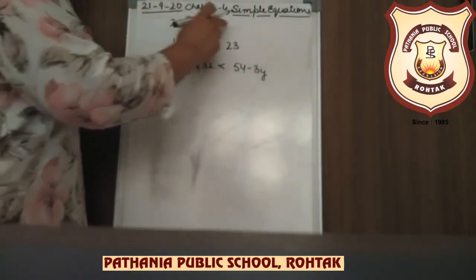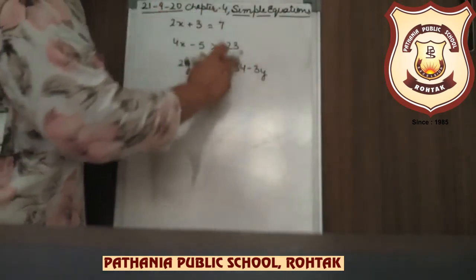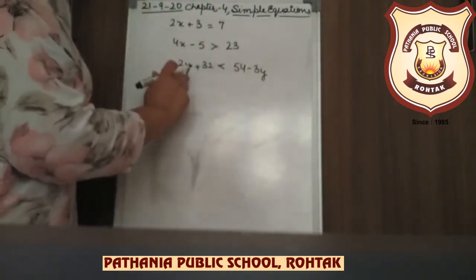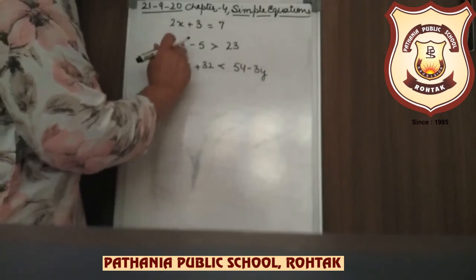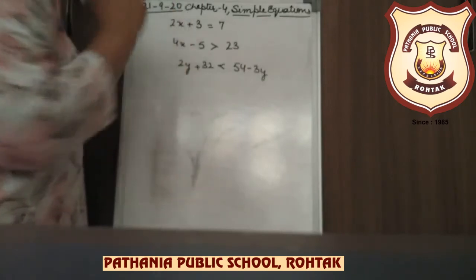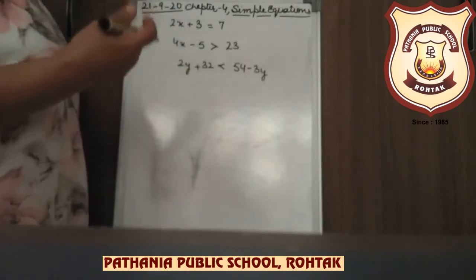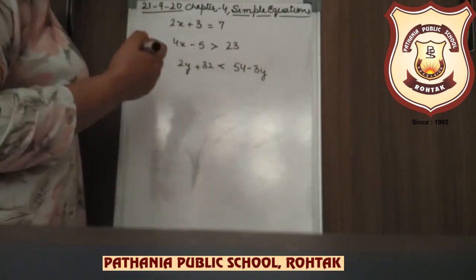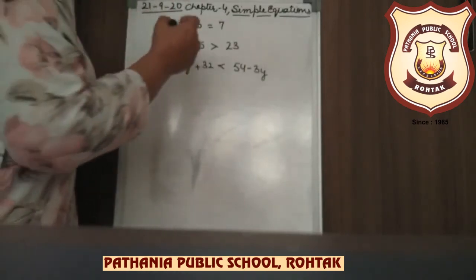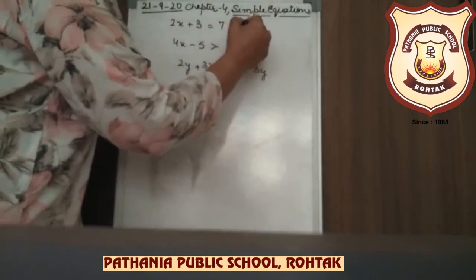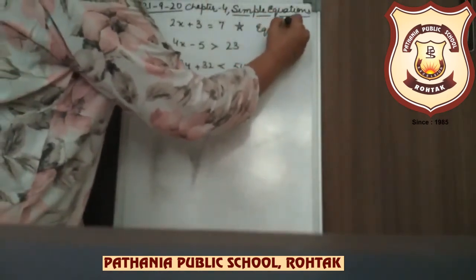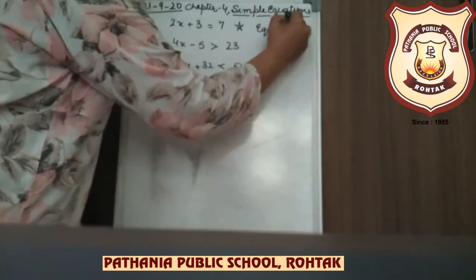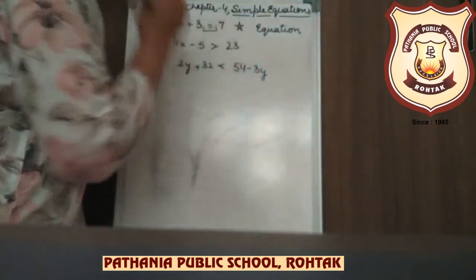First thing, all have one variable, meaning in this statement there is y as the variable, here x is the variable, here again x is the variable. Now you have to identify which one is the equation. So the first one is the only equation because the sign of equal to is there.